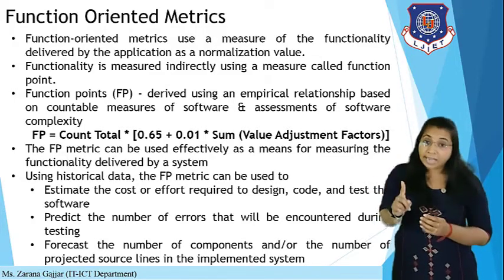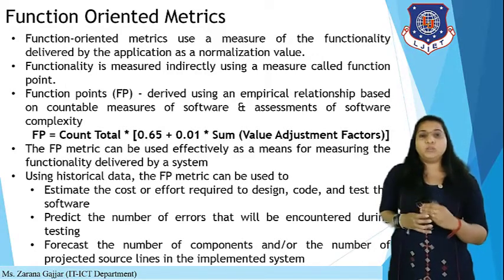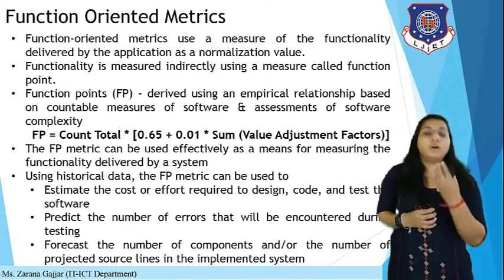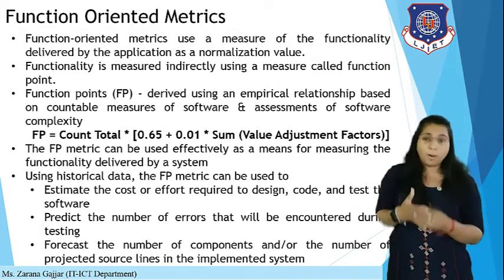Functionality is measured indirectly using a measure called the function point. Here the size oriented metric is a direct metric and the function oriented metric is an indirect one for cost estimation. So you are using the function point for calculating the cost and effort for your software product.